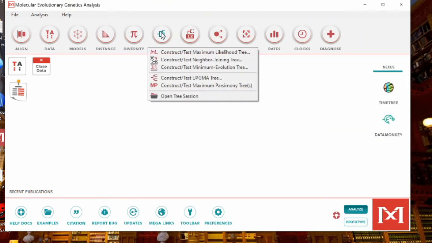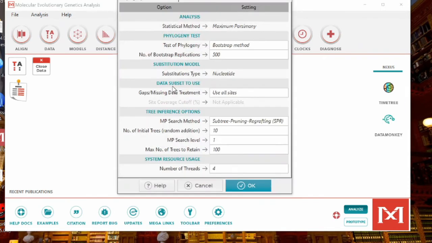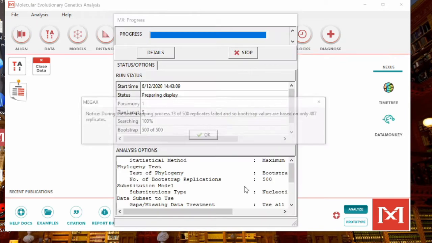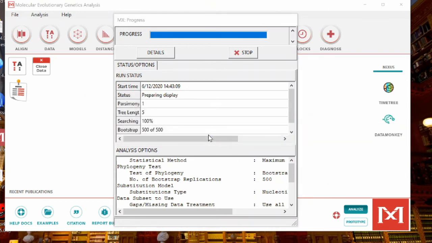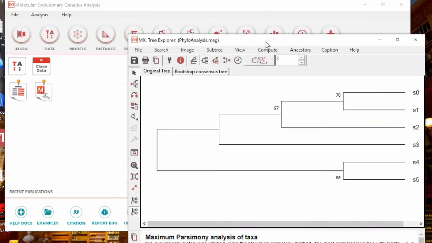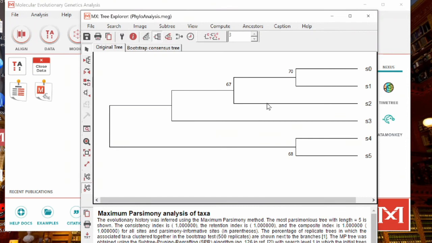And then finally, let's look at the maximum parsimony. In the maximum parsimony method, it says that in 13 out of 500 replicas we can't reach a solution, but this is not a big deal here.